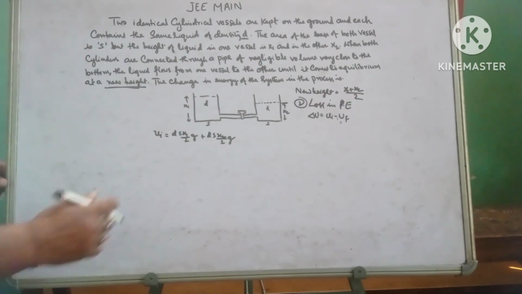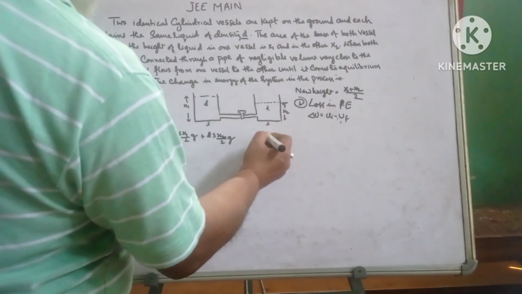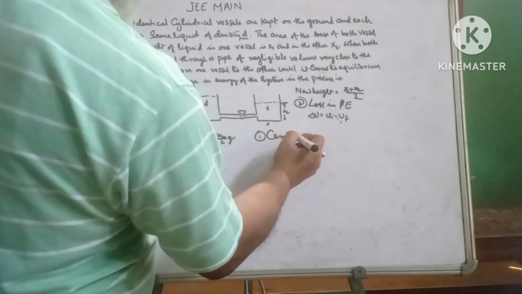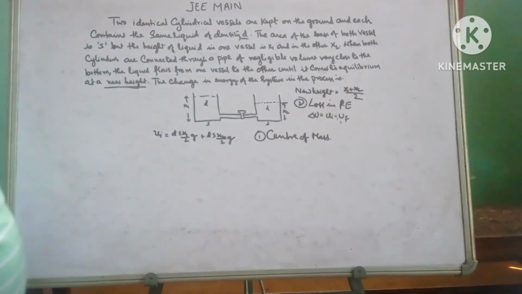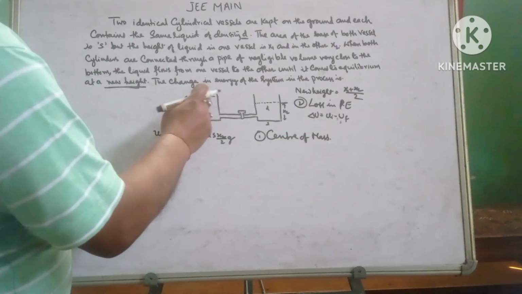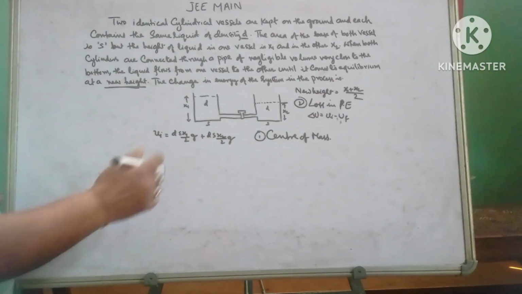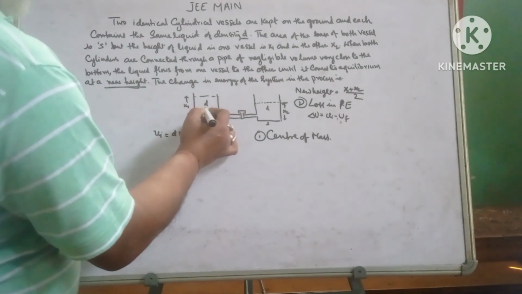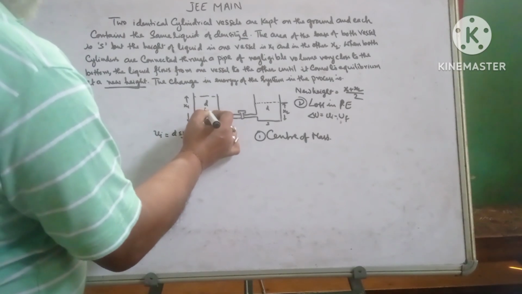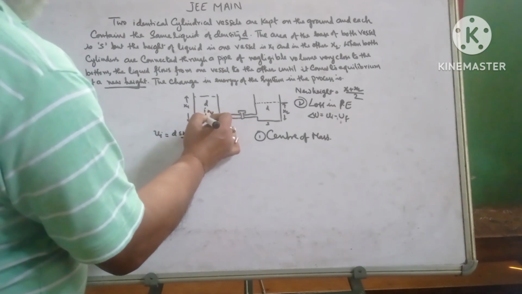Here comes the theory of center of mass. We will consider the center of mass of this liquid, which will be at a height x1 by 2.